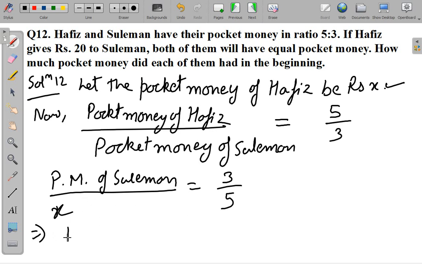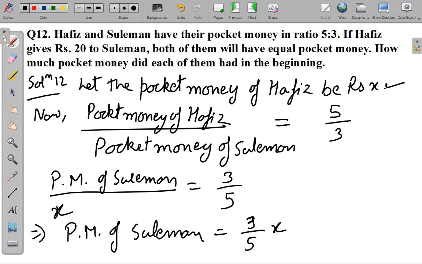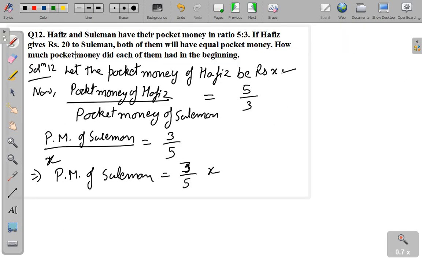So pocket money of Suleiman will be 3/5 of x. Now furthermore, if Hafiz gives 20 rupees to Suleiman, both of them have equal pocket money. Originally Hafiz has x rupees.